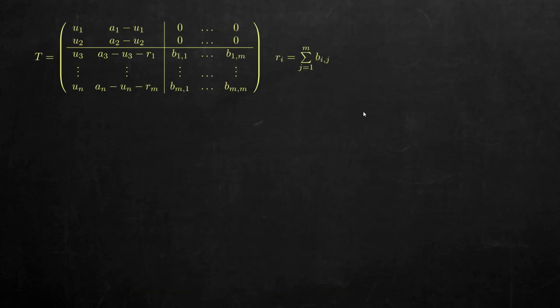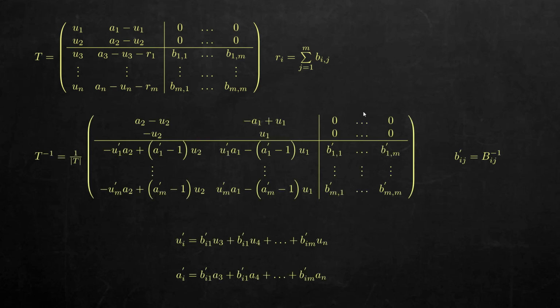Again, we can use any unimodular matrix for B in this block matrix. And the general form of the matrix is shown here, with Ri's being the sum of the elements of the ith row of B. In the inverse of this matrix, we can see that the elements of C blocks are related to the dot product of A3, A4 up to AN, with the rows of the B matrix inverse.